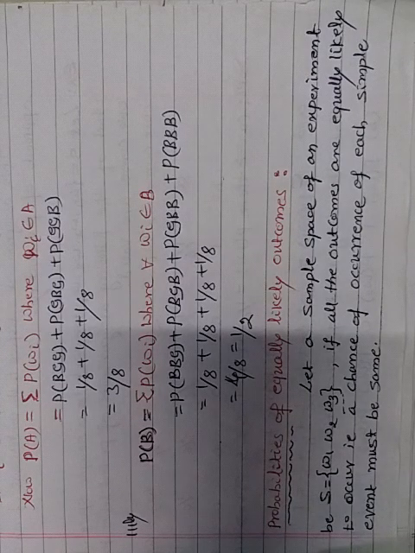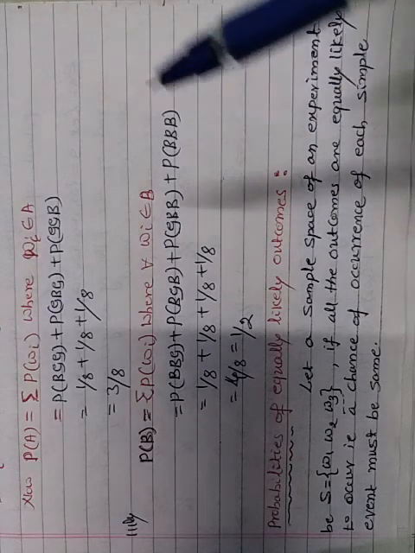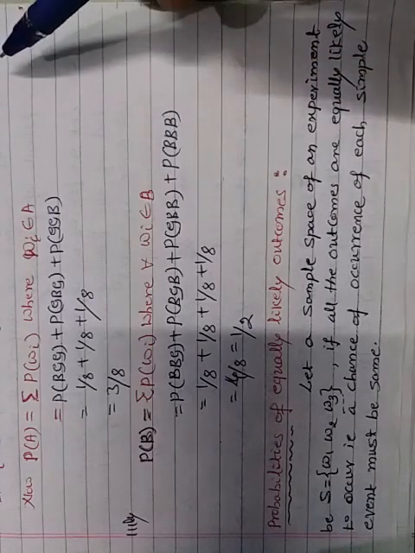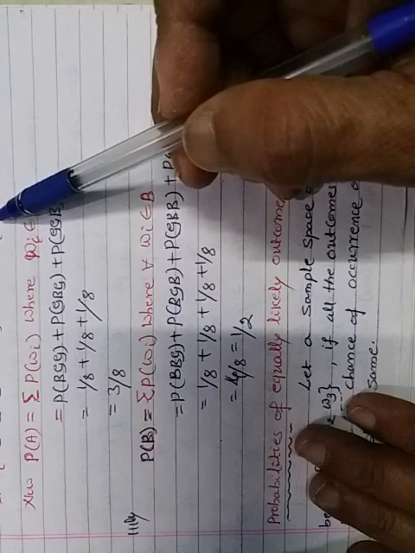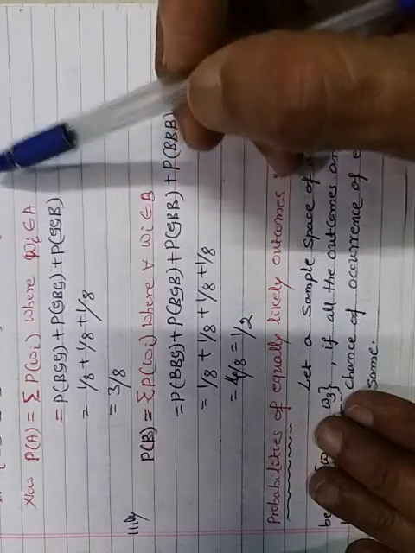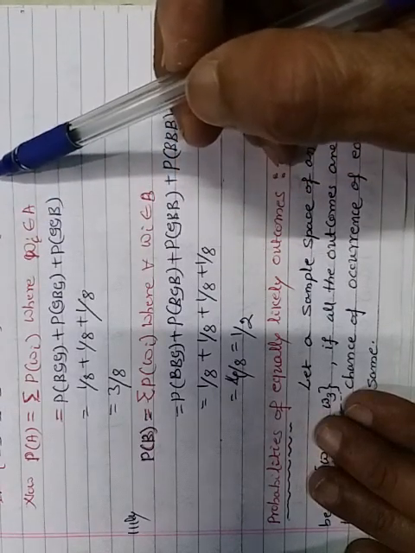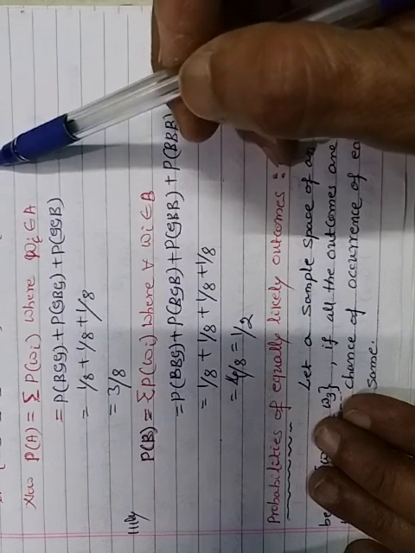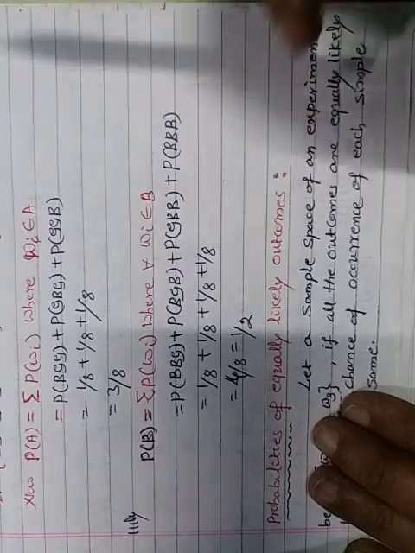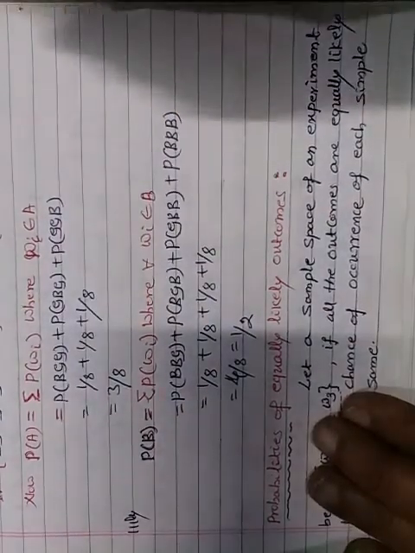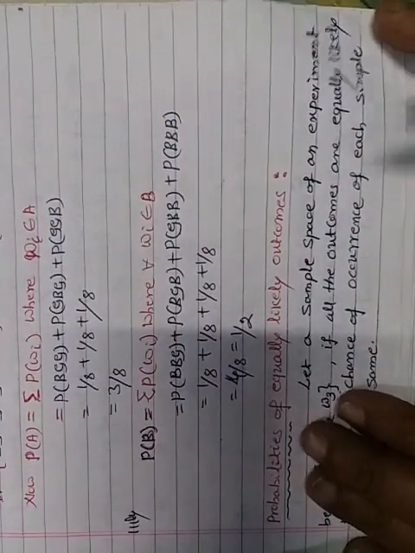In the set B, at least two pens are defective. Set B has outcomes of two defective pens and one non-defective. Here the first pen is defective, the second one is non-defective, the third one is defective.